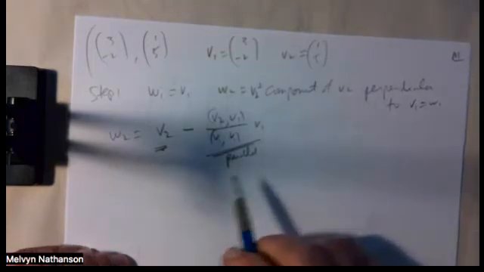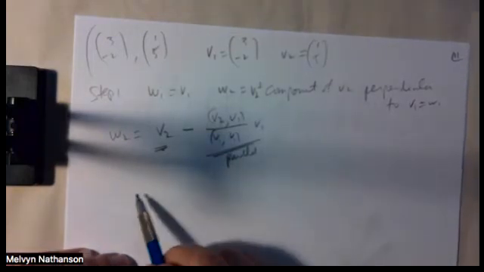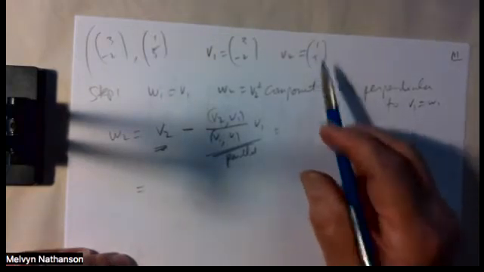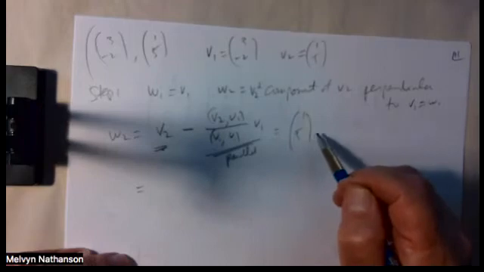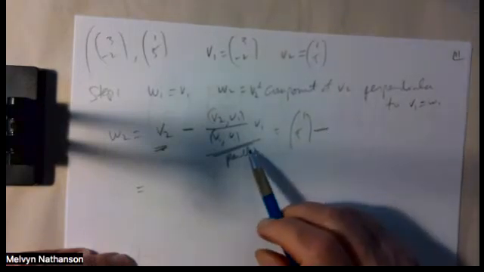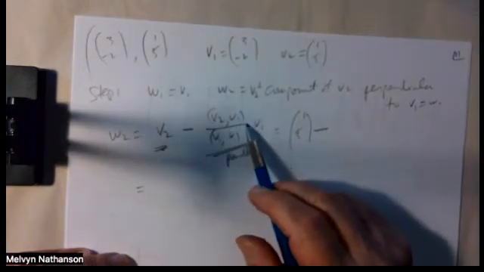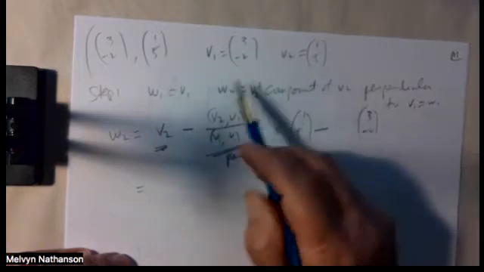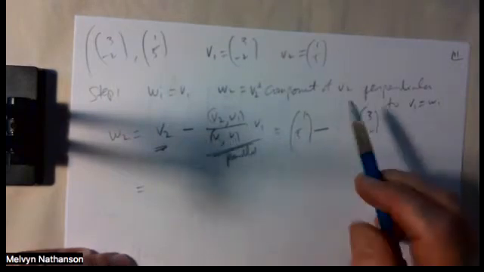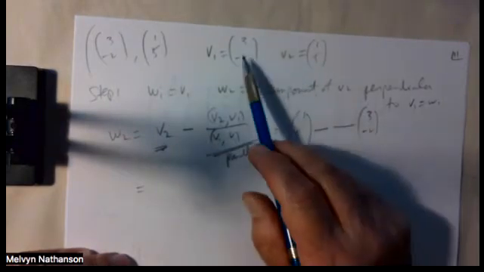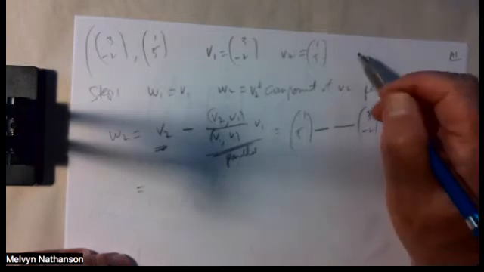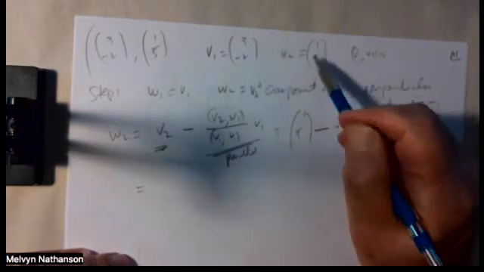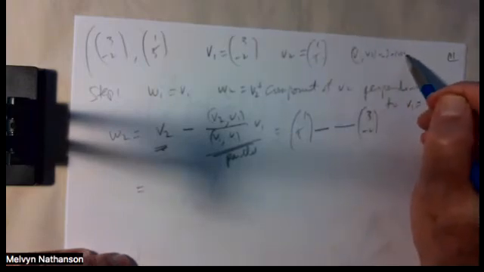And so I have to do this calculation, of course. V2 is 1, 5 minus some scalar multiple of V1, some scalar multiple of the vector 3, minus 2. And what I'm subtracting off is the inner product of these two vectors. So V1, V2, the inner product is 3 minus 10 or minus 7.